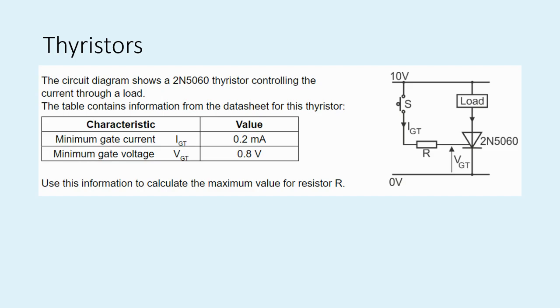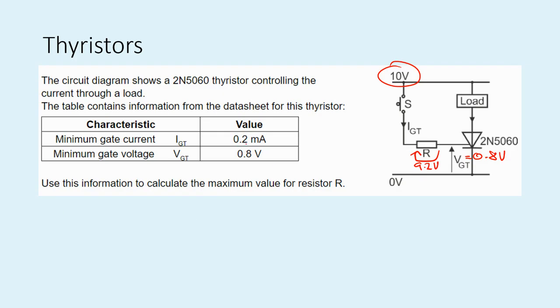This is the kind of question that they ask about this. So, working out the ideal resistor value, again, this is quite like that BJT question we just had. We've got 10 volts going through the system. The minimum of this is 0.8 volts, which means we've got 9.2 volts left to play with across the resistor.